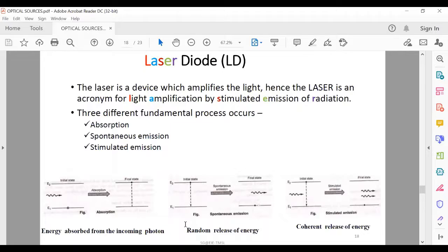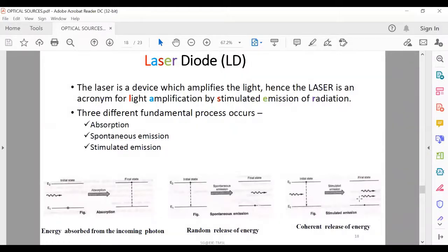So in this way, the emission process can occur in two ways. Either the atom returns to the lower energy state in a random manner, which is called the spontaneous emission, or by stimulated emission, when a photon having energy equal to the difference between the two states, that is E2 minus E1, interacts with the atom, causing it to go to the lower state with the creation of a second photon.